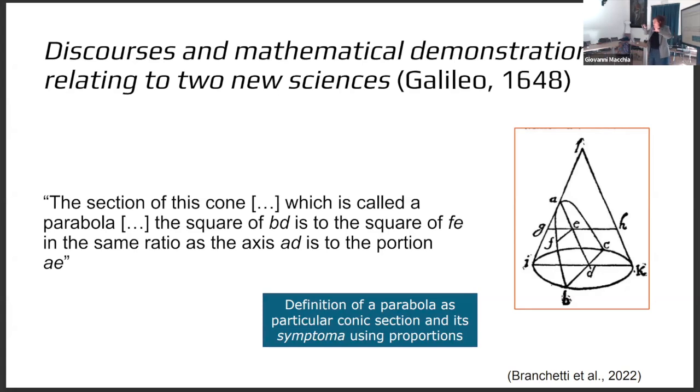Can you see something there? Okay, you don't need the Cartesian plane to prove within Euclidean geometry that there is a fixed quadratic proportion between the length of this segment and of this segment. So what we express as y equals a multiplied by x squared can be proved completely in a geometrical way using only ratios of homogeneous magnitudes.